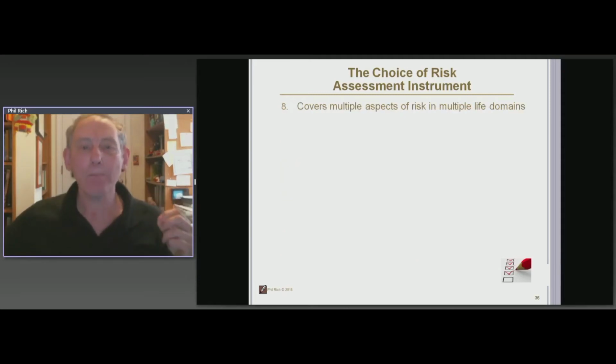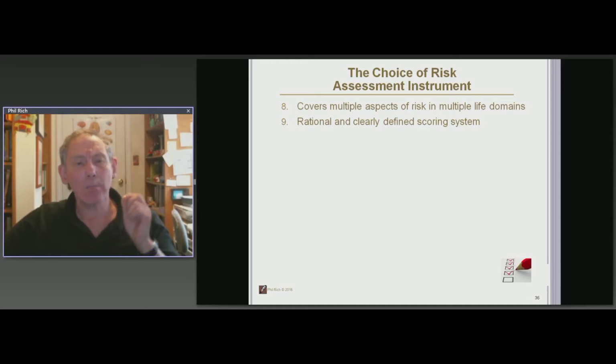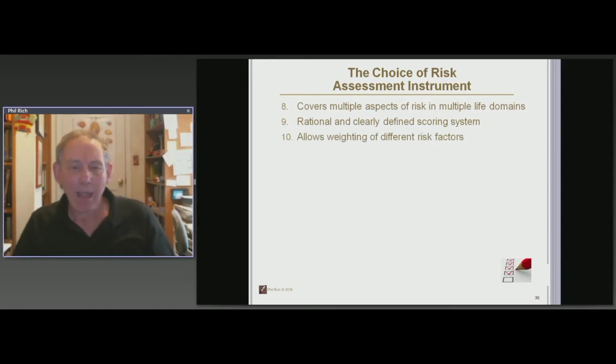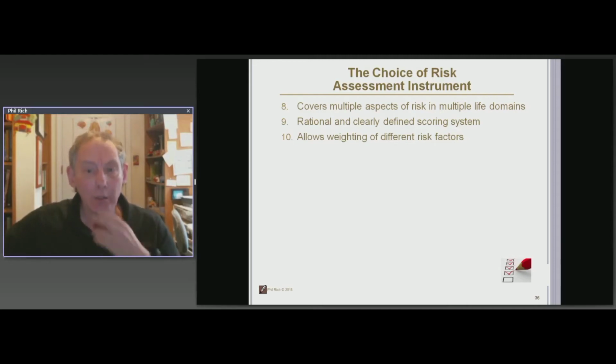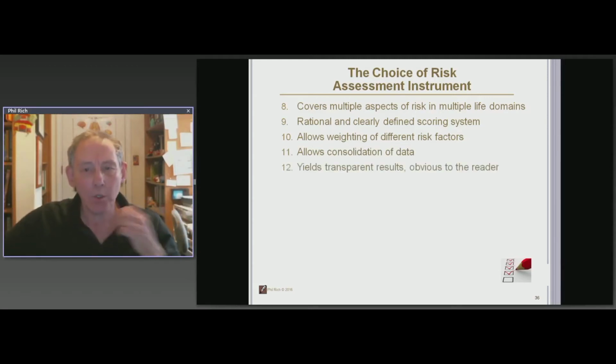It should cover multiple aspects of risk in multiple aspects of life, or multiple life domains. There should be a clearly defined and obvious scoring system. It should allow us to add additional weight to different risk factors if we think clinically that's appropriate. It allows us to consolidate all of that data, to filter it down into a definable whole.